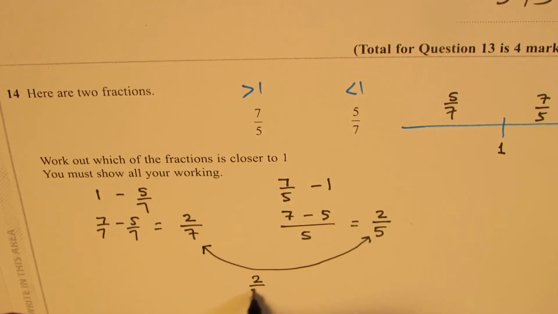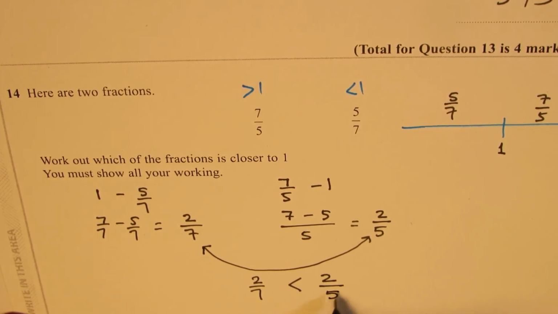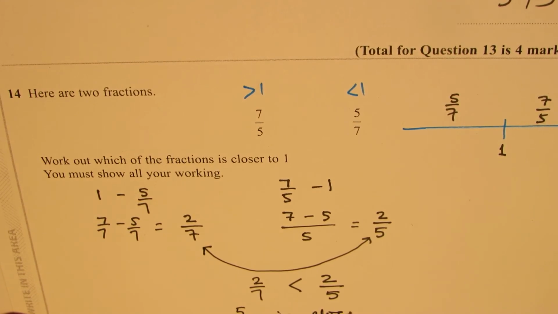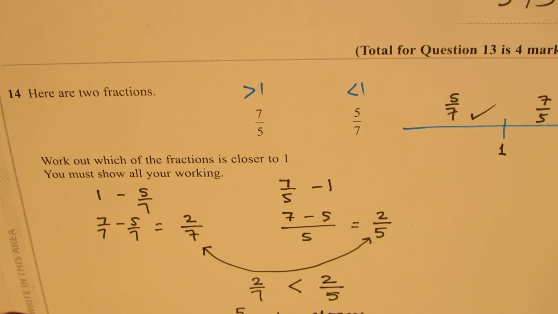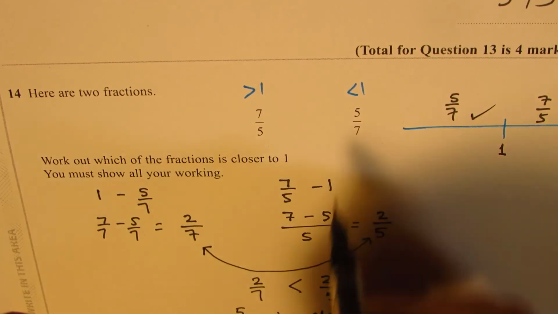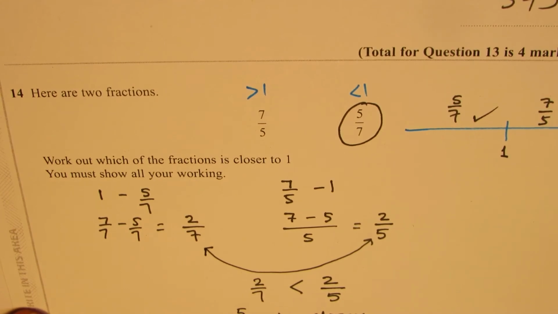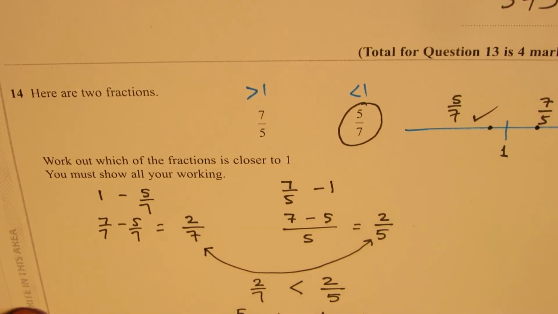We know 2 out of 7 is less than 2 out of 5. So the closer value is 5 over 7. That is how we are going to answer this question. Is that clear to you? So 5 over 7 will be much closer than 7 over 5.